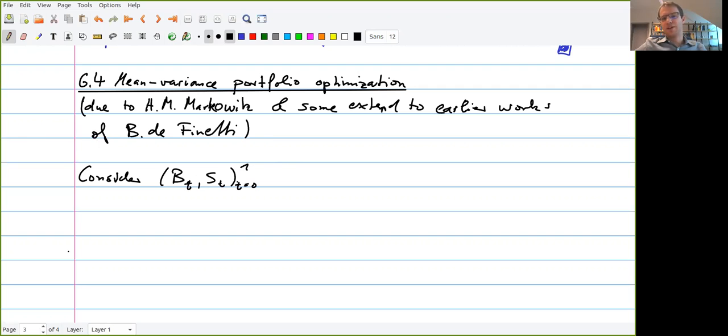So you can also say, the world is not a one-period model, it's not a simple idea, but I want to decide how I split up my capital today, and then I keep it like this until I retire. Then you have a one-step model, right? We allow for d risky assets.